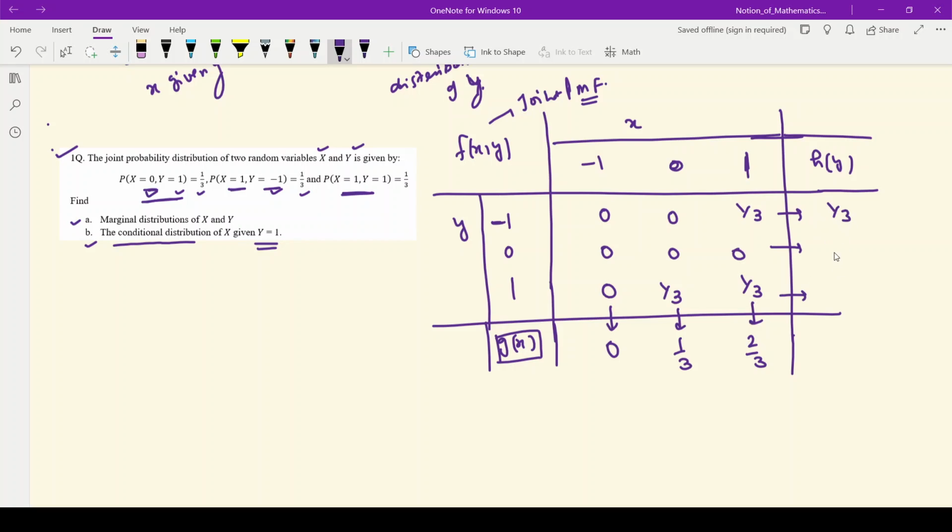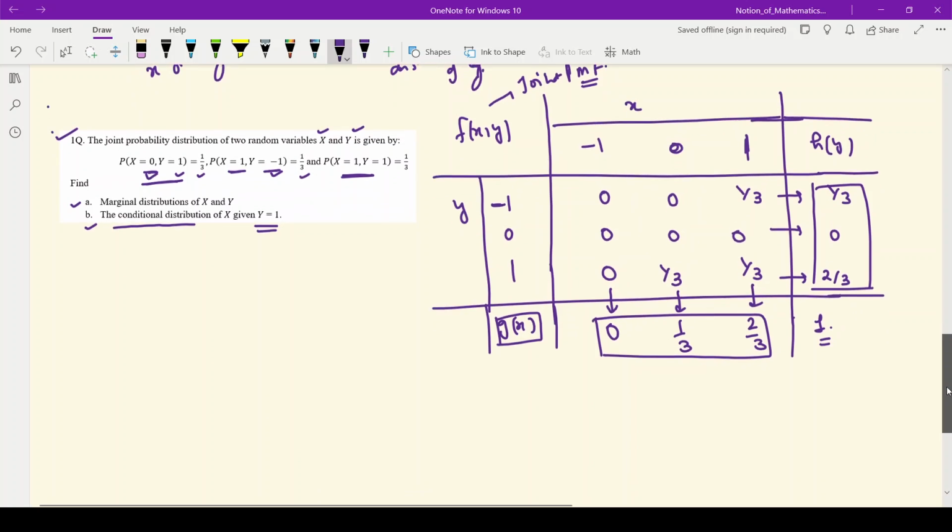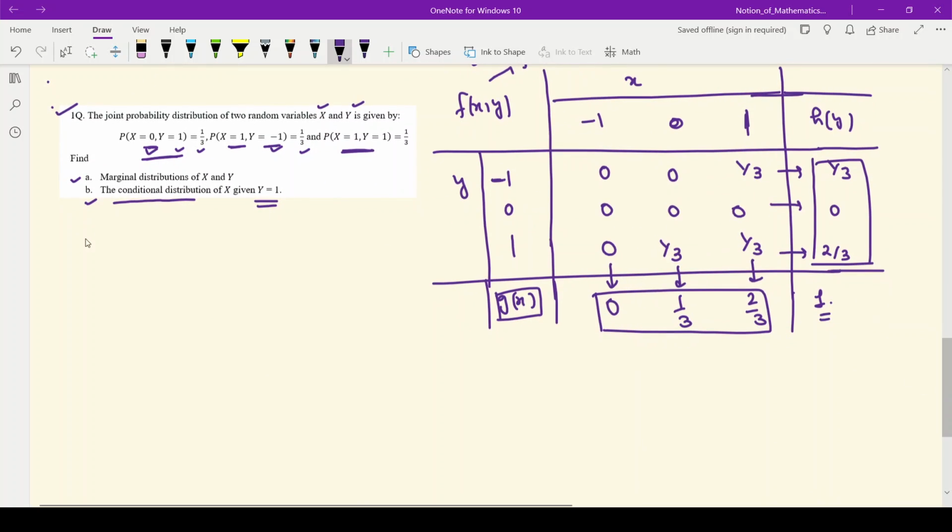It is 1 by 3, it is 0, it is 2 by 3, and summing up this or this, it will always give 1.